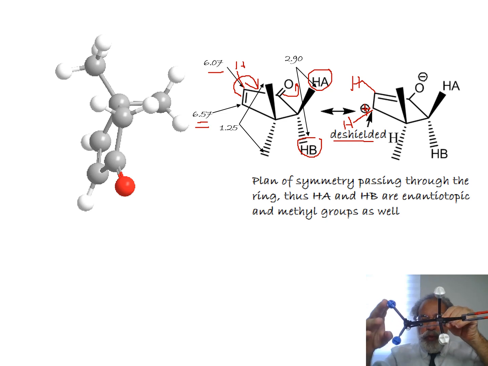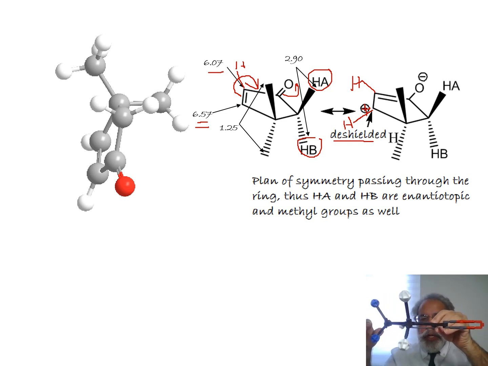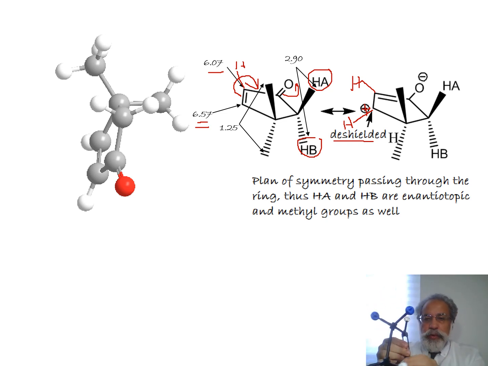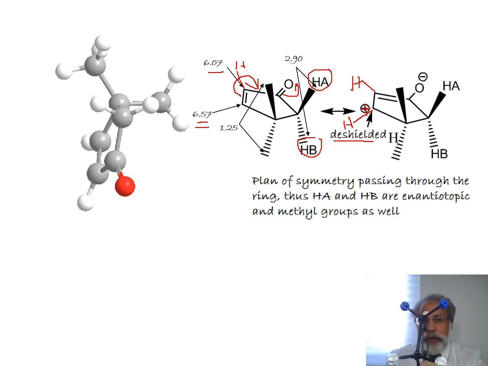These two will be in this plane, mirror images of one another. Let me do it this way. So it's like a plane, mirror image. They are mirror images of one another, so they are enantiotopic. They are enantiotopic regions.